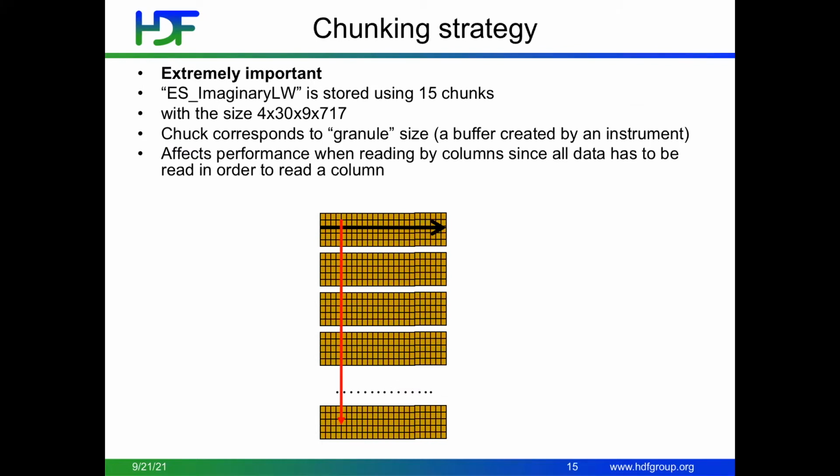Chunking strategy is extremely important when you create your data. In this particular use case, because of the instrument, data was written and the chunk was chosen by the buffer that was coming from the instrument. For that particular dataset, they call it a granule, because this is what the instrument on the satellite was picking up.